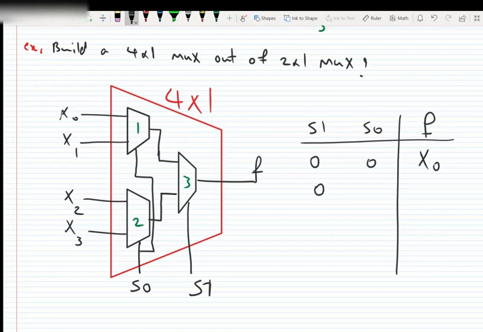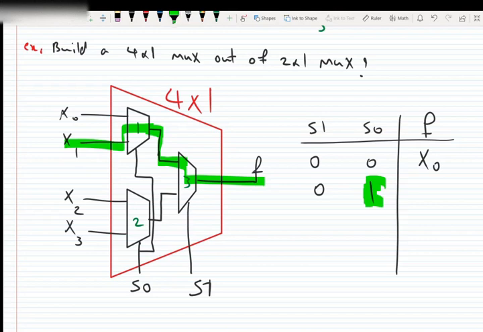What if S1 is 0 and S0 is 1? If S1 is 0, again, the first input of the third multiplexer will be connected to the output, as I highlighted. Because S0 is 1, the second input of multiplexer 1 will be connected to the output.